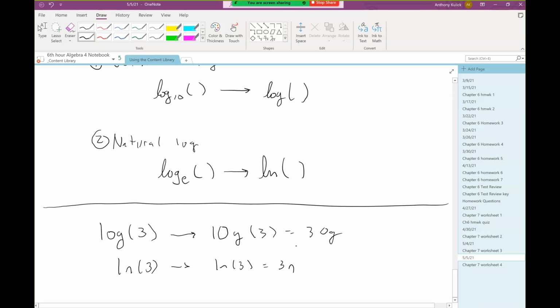So my suggestion to you is, even if you don't regularly write in cursive, I don't regularly write in cursive, I would struggle to write anything in cursive, but I can write these four letters, L, O, G, and N in cursive and string them together. And I think it will dramatically reduce those silly mistakes where you mistake an L for a 1 or an O for a 0 or whatever.